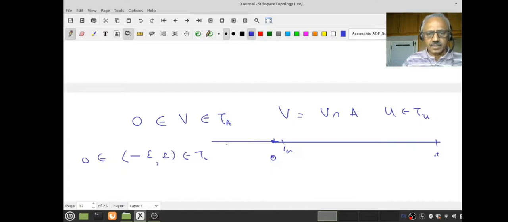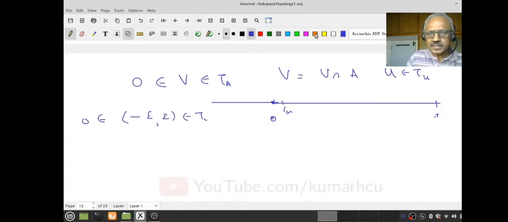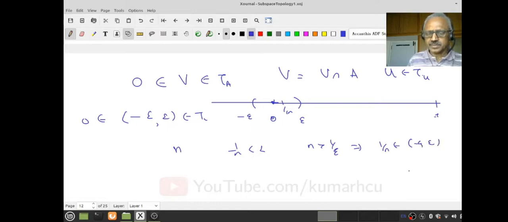So if I intersect with minus epsilon to plus epsilon, whenever 1/n is less than epsilon, that means n is greater than 1/epsilon, so 1/n lies in minus epsilon to plus epsilon.